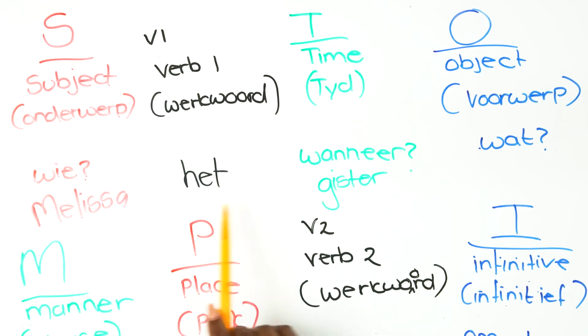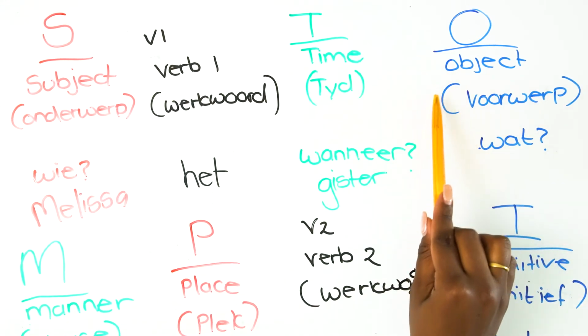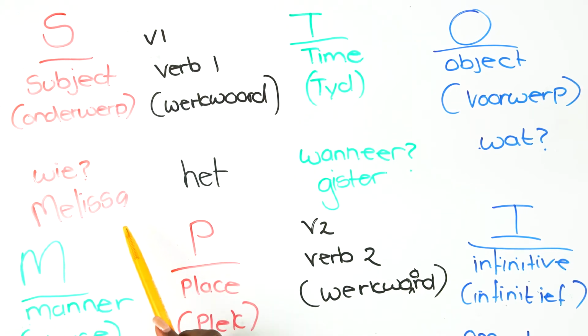So Melissa het gister. Wat het Melissa gister gedoen? Now we buy our O, which is object, voorwerp. What did she do? So Melissa het gister die bal.